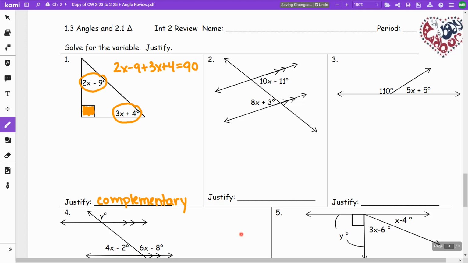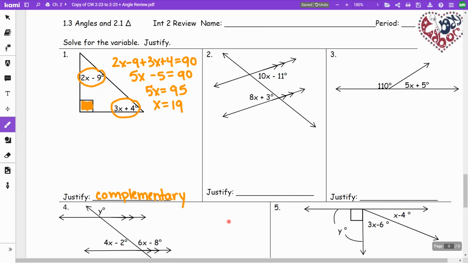Then you're going to solve this, and we are going to end up with our answer as 19. That will be our answer. We need to write equations for these and not just give answers.